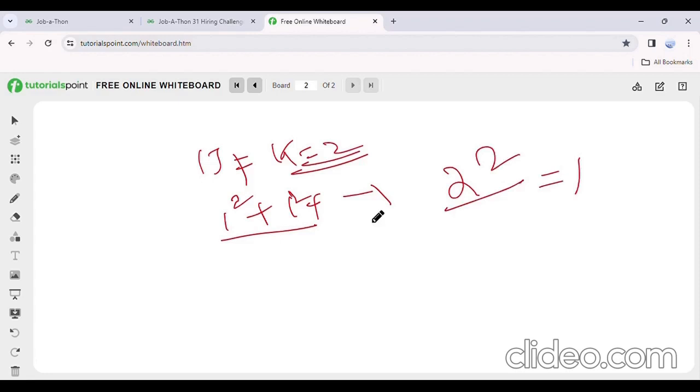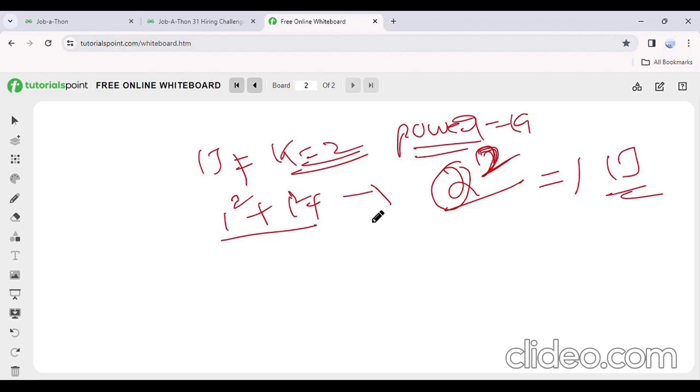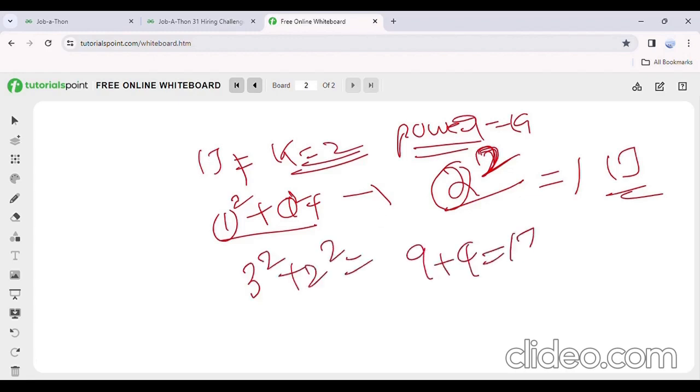So we can change the base, but the power is constant, power is equal to k, and the base can change. He can take any base. And we can write 13 as 3 square plus 2 square also. 9 plus 4 is equal to 13. That is also one possible way.